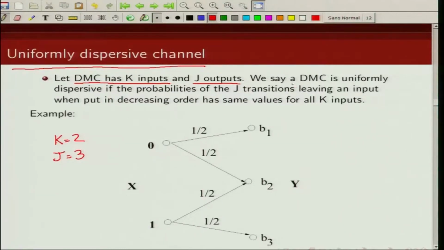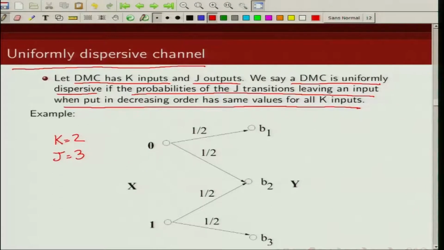Now, we say a discrete memoryless channel is uniformly dispersive if the probabilities of the j transitions leaving an input when put in descending order has the same values for all k inputs.